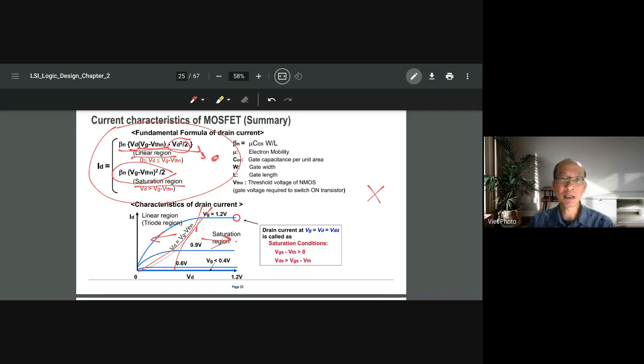The third one is about area and cost. We will talk about those later. But here is why I talk about performance and power: performance is always related to current. The higher the current, the better the performance. That's the key thing, so remember that.